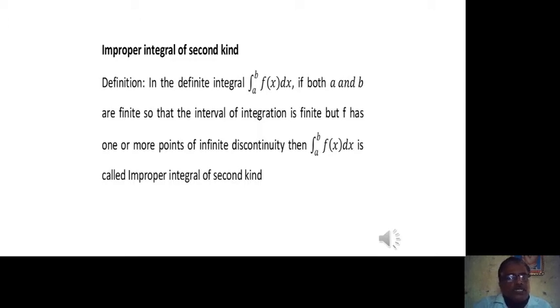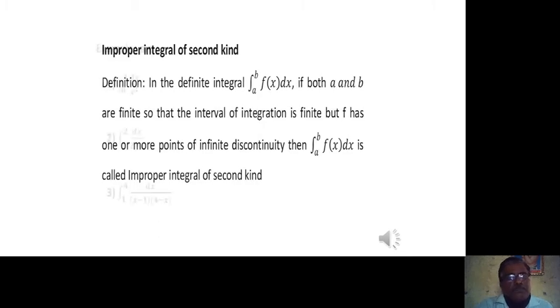Or in other words, if both the limits a and b are finite, but the function f is unbounded, then the integral is said to be an improper integral of second kind.